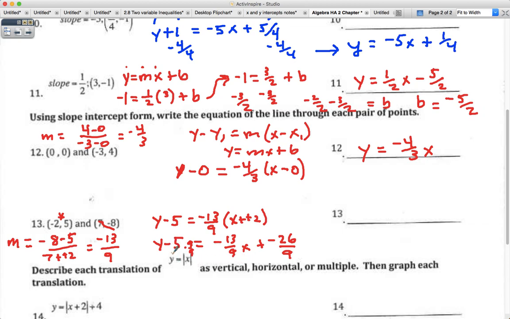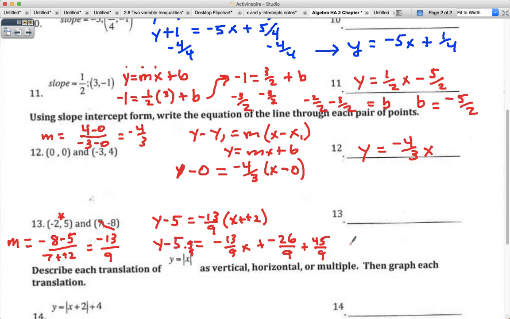So I'm adding 45 over 9 to both sides, because this really is 5. 9 times 5 is 45, and I had to add it to get rid of this side.